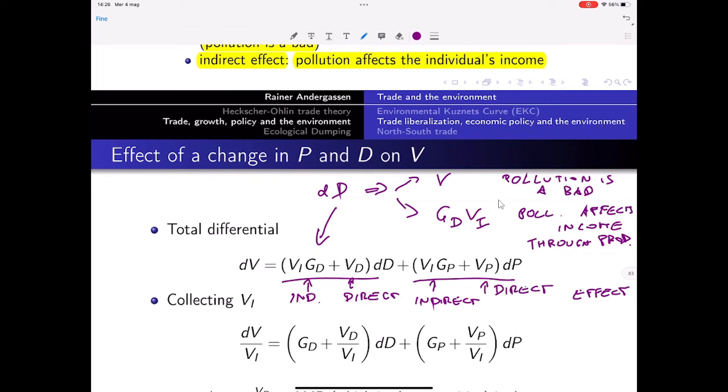The price directly affects the utility of consumers, and it indirectly affects the utility of consumers because a change in prices affects production and therefore income.